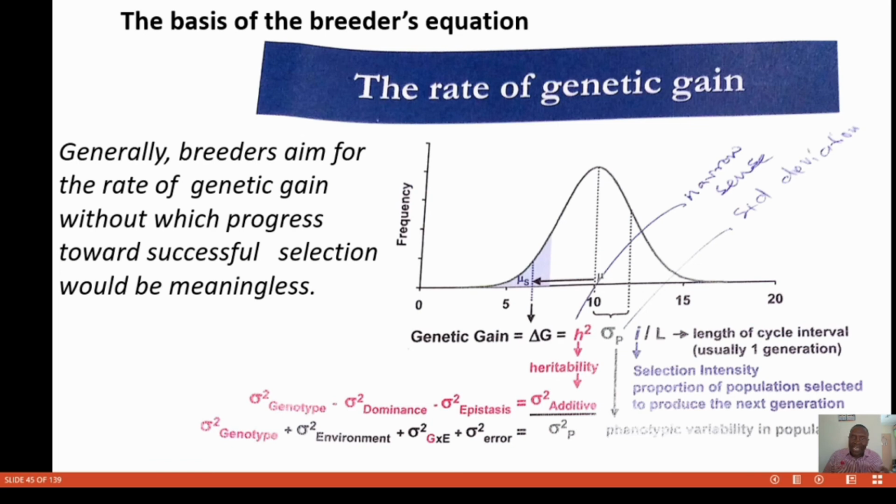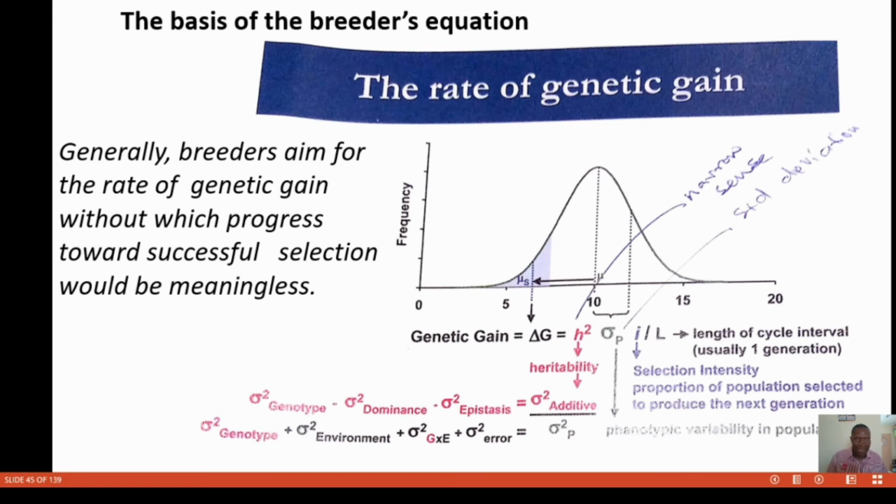Generally, what breeders are interested in and aim for is the speed, the rate of genetic gain, without which progress towards successful selection could be meaningless or simply very slow. Are we together?